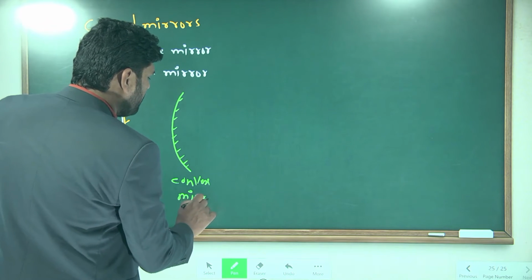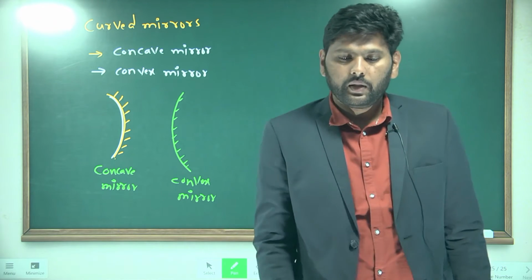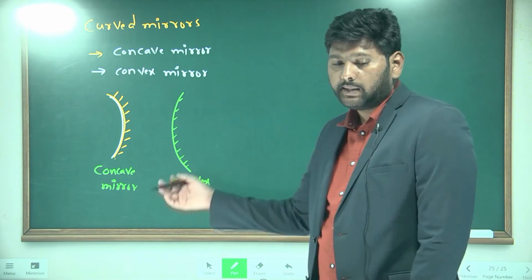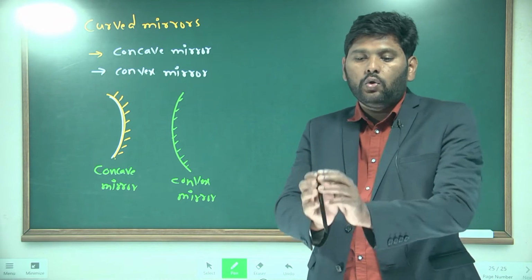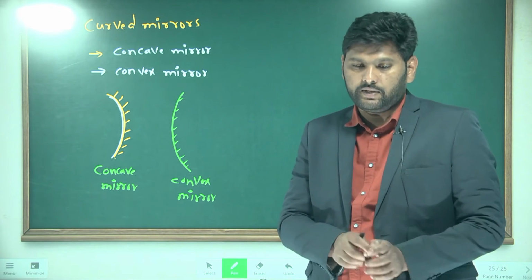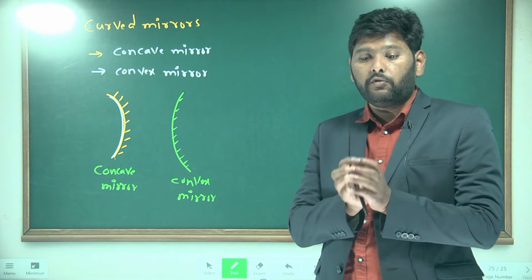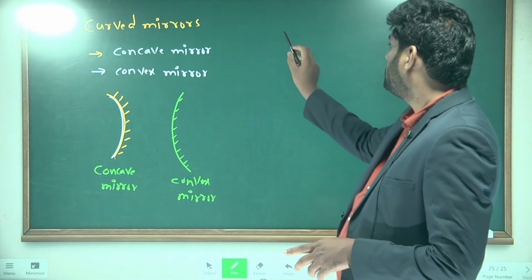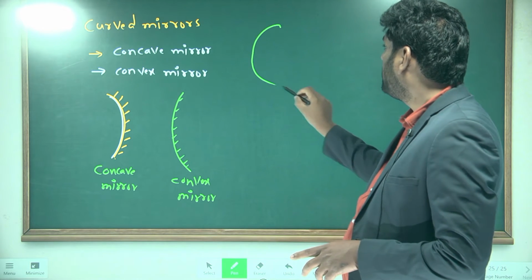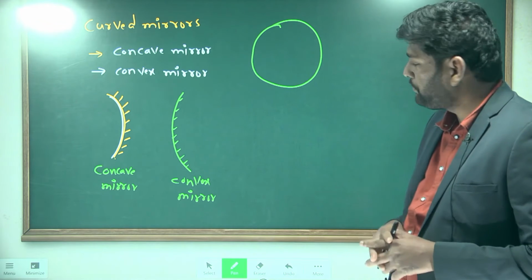But how will we make this convex and concave mirror? Look here, we can make convex and concave mirrors by using a hollow spherical glass surface. By using a hollow spherical glass sphere, we'll make these concave and convex mirrors. So look here, this is a hollow spherical glass surface, glass sphere.